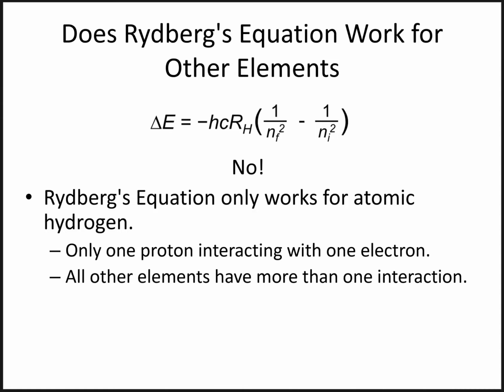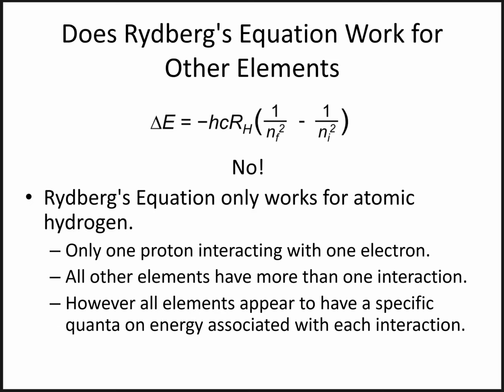They have protons interacting with neutrons, protons interacting with multiple electrons, electrons interacting with each other. So it becomes quite complicated very quickly. So the one thing they all have in common is that there is specific amounts of energy which are unique to each electron, or each atom. So every atom has a very specific spot where it allows its electrons to go.